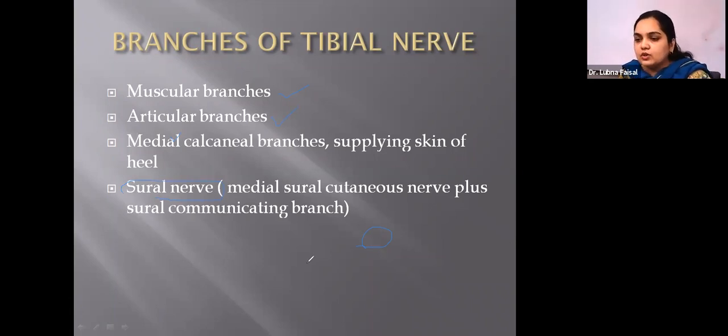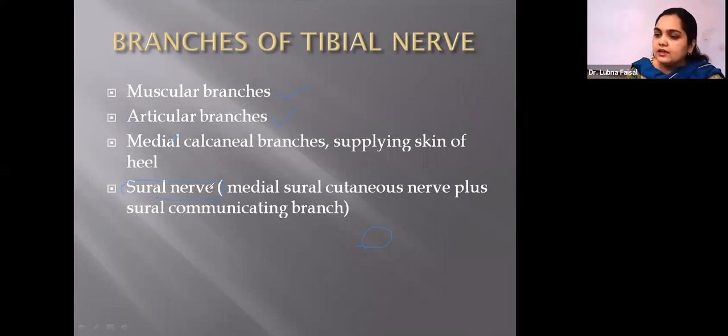Now regarding the sural nerve, it is formed by the medial sural cutaneous nerve of the tibial nerve. The tibial nerve gives one branch, that is the medial sural cutaneous nerve. The medial sural cutaneous nerve combines with the sural communicating branch of the common peroneal nerve, and they together form the sural nerve. That is the cutaneous supply for the skin of the lower leg and the foot.